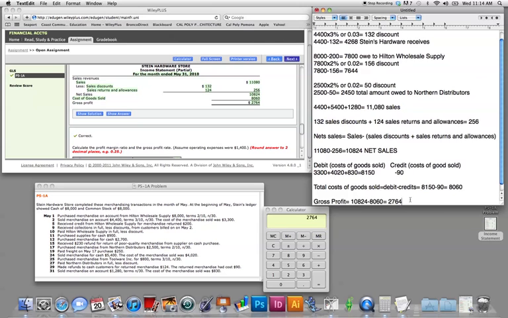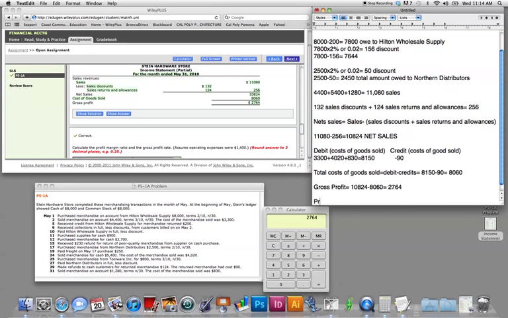So we need to know what the profit margin ratio is, which is found in your book, and that equals net income over net sales. From our calculations, we can see that our net sales is $10,824, but we don't know what our net income is.